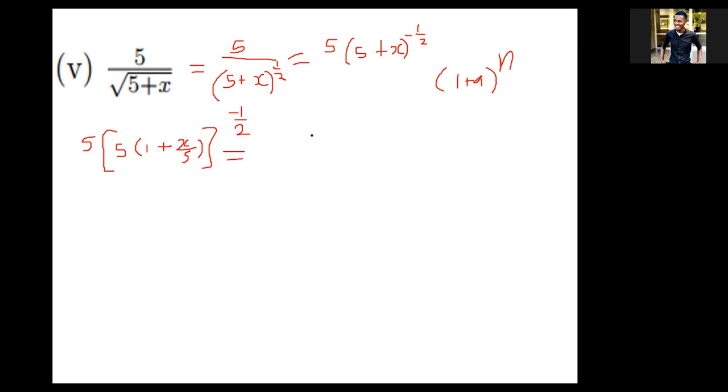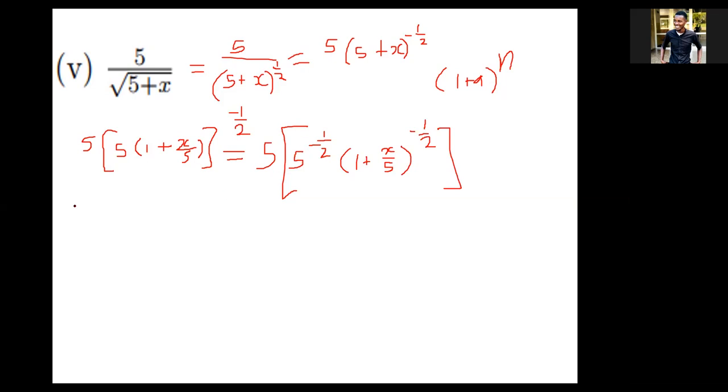Then you say equals, so you distribute the power there. You're going to have 5, then open brackets, this is going to be 5 to the power negative half, and then open brackets, 1 plus x over 5 to the power negative half.